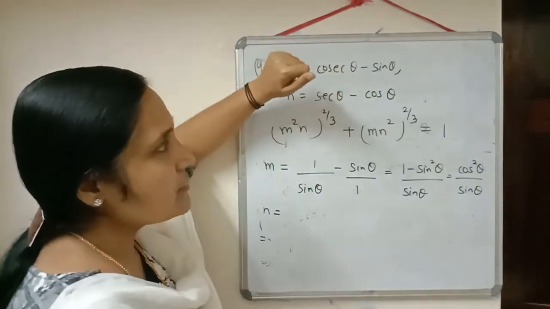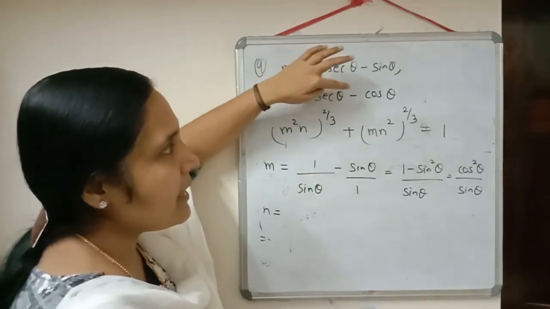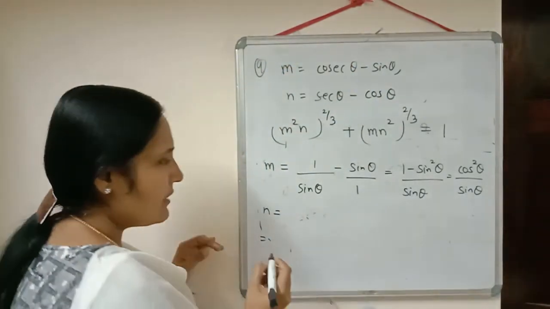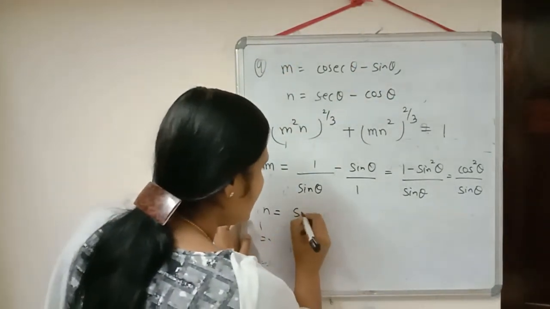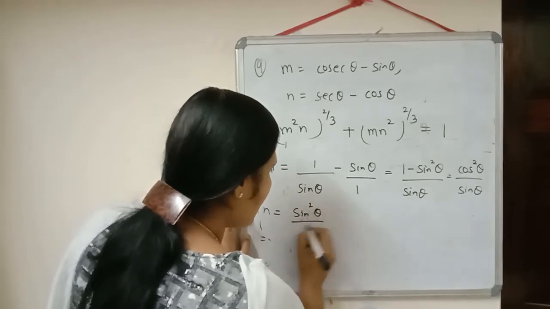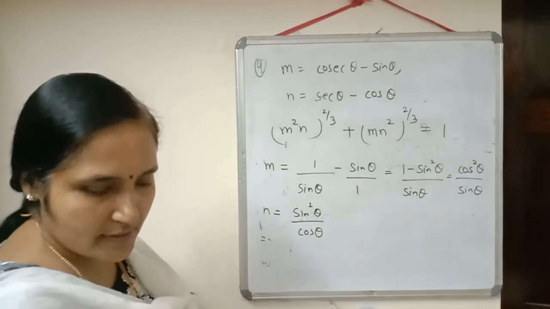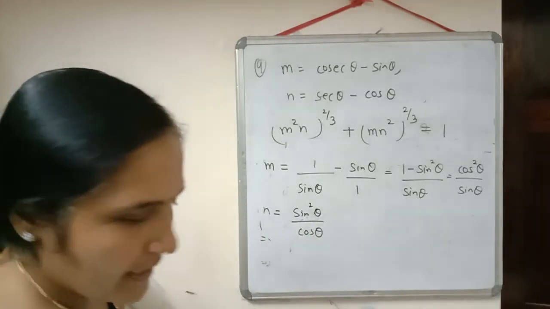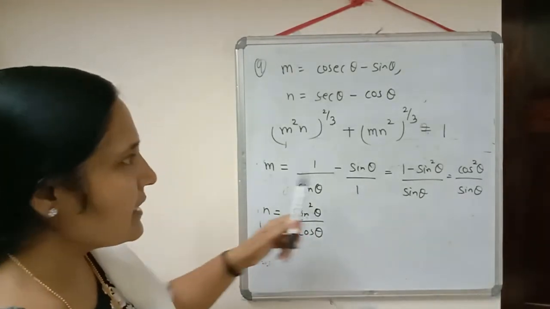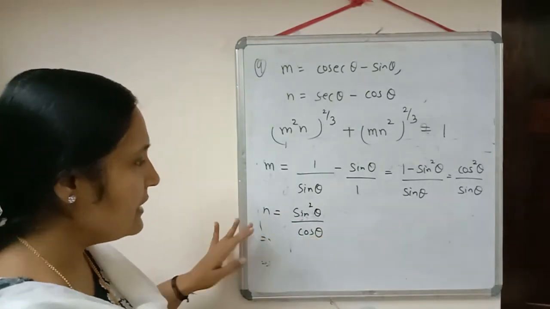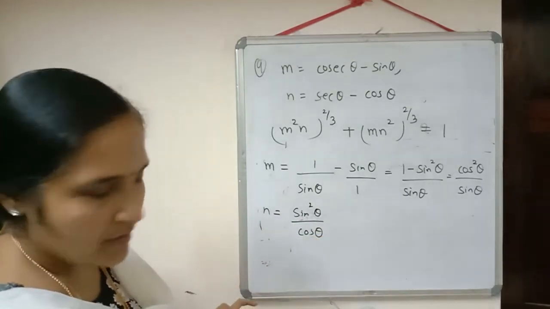Then do the cross multiplication, then it will come 1 minus cos square theta by cos theta. And 1 minus cos square theta is sin square theta. So we are getting n is equal to sin square theta by cos theta. So after simplification, we got m is equal to cos square theta by sin theta and n is equal to sin square theta by cos theta.